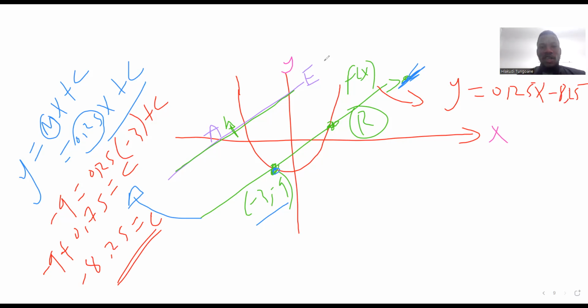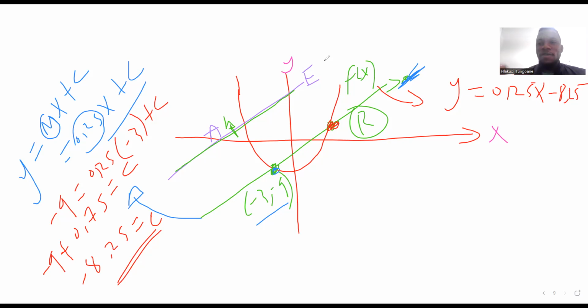So now for us to get the coordinate of R, remember the principle is this. When you are at the points where two curves or functions meet each other, they share the same coordinates, right? So the y values at the point where the functions meet each other are the same.